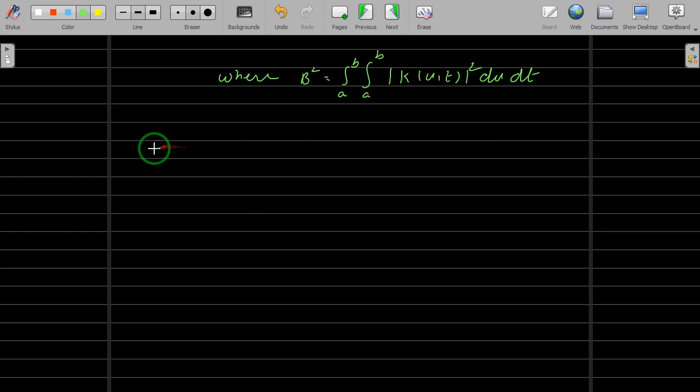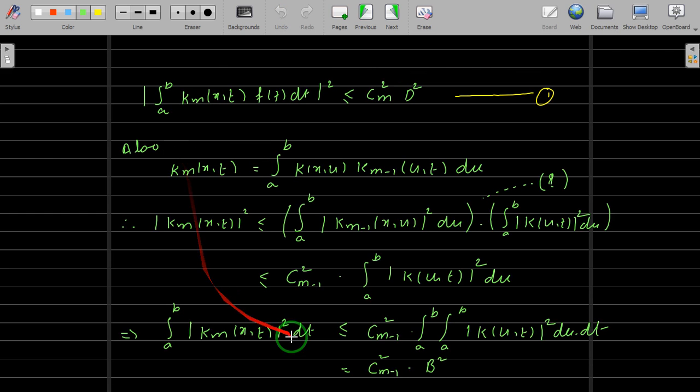So what we got is, this implies we have Cm the whole square is less than or equal to, okay, I can put this in another language. If you see, this integral is bounded by C_{m-1} the whole square into b square, both are constant.